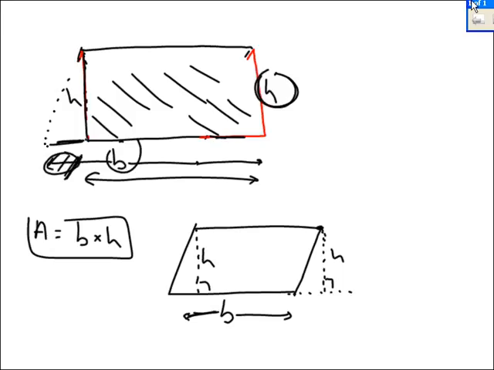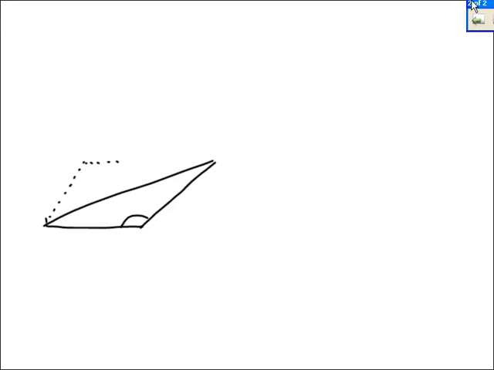Now, what if you have a triangle? What is the area of a triangle? Now, I maintain that every triangle is half of a parallelogram. For example, if you have an obtuse triangle, that is, this is more than 90 degrees, you could extend it to a parallelogram.